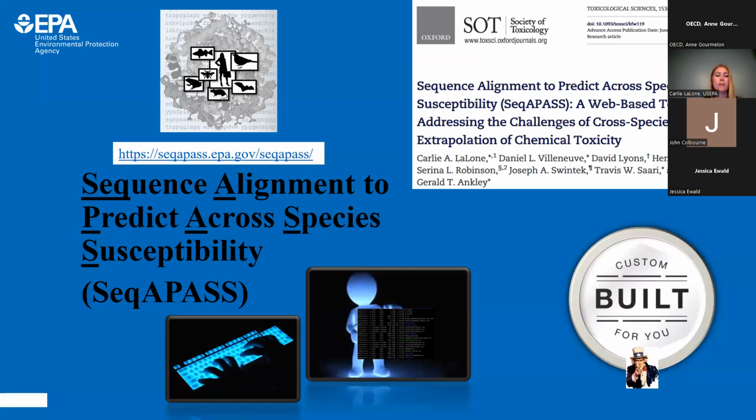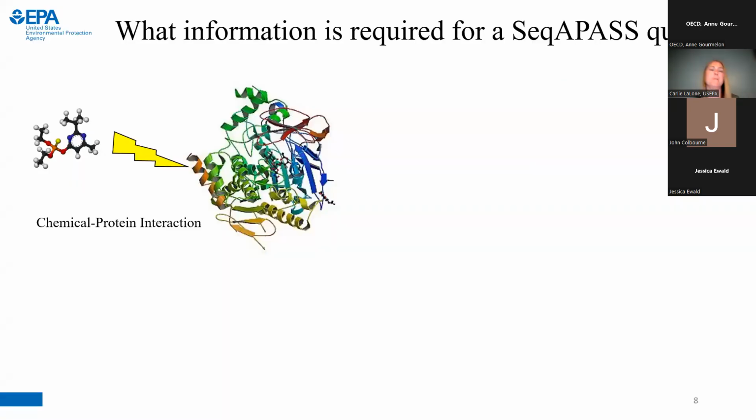And that's exactly why the US Environmental Protection Agency developed the sequence alignment to predict across species susceptibility tool to be able to take that knowledge and simplify a means to be able to transparently extrapolate information from single species or a handful of species to the diversity of species in the environment by using some relatively simple, but yet, bringing together a number of different tools to put these approaches in the hands of not just researchers, but also decision makers. And so SeqAPASS was originally released to the public in 2016.